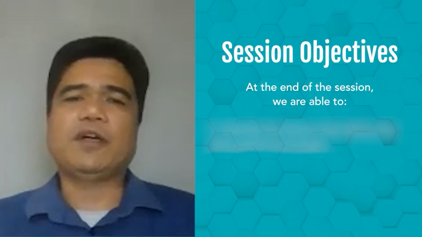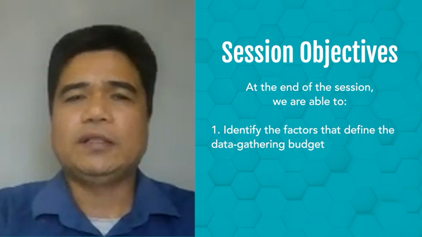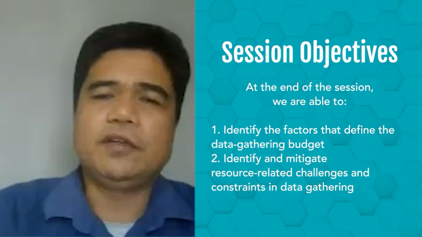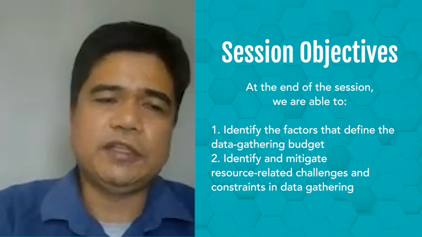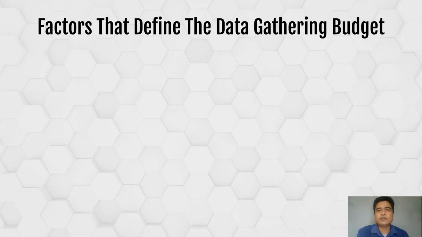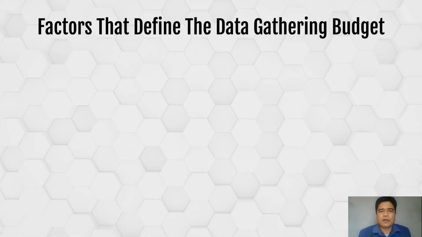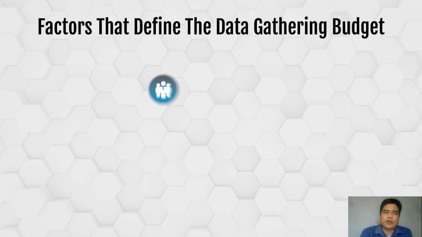This session has two objectives. The first is to identify the factors that define the data gathering budget, while the second is to identify and help mitigate resource related challenges and constraints in data gathering. So, what are the factors that define the data gathering budget? There are actually a number of factors, but in general, we can classify them into four.